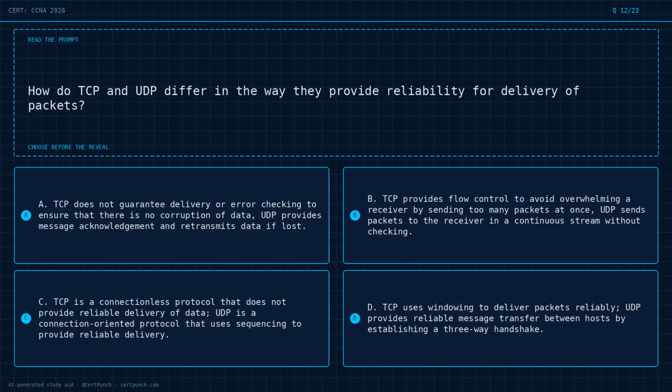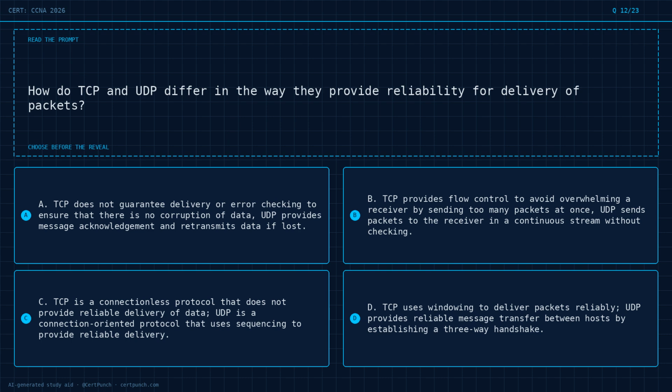UDP sends packets to the receiver in a continuous stream without checking. Option C. TCP is a connectionless protocol that does not provide reliable delivery of data. UDP is a connection-oriented protocol that uses sequencing to provide reliable delivery. Option D. TCP uses windowing to deliver packets reliably. UDP provides reliable message transfer between hosts by establishing a three-way handshake.